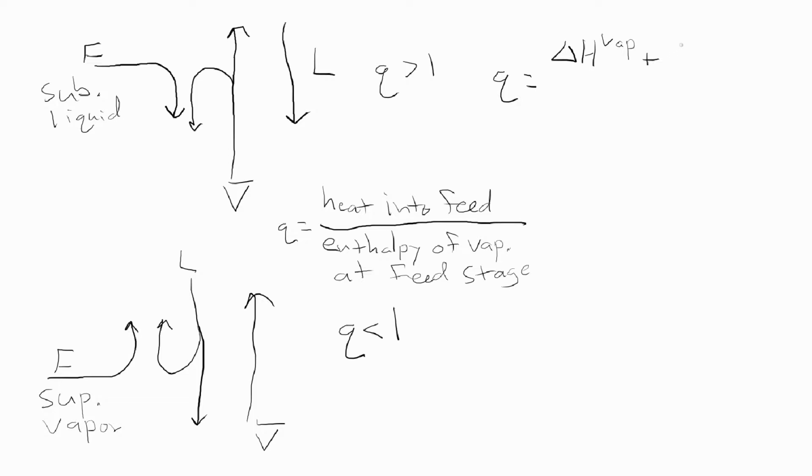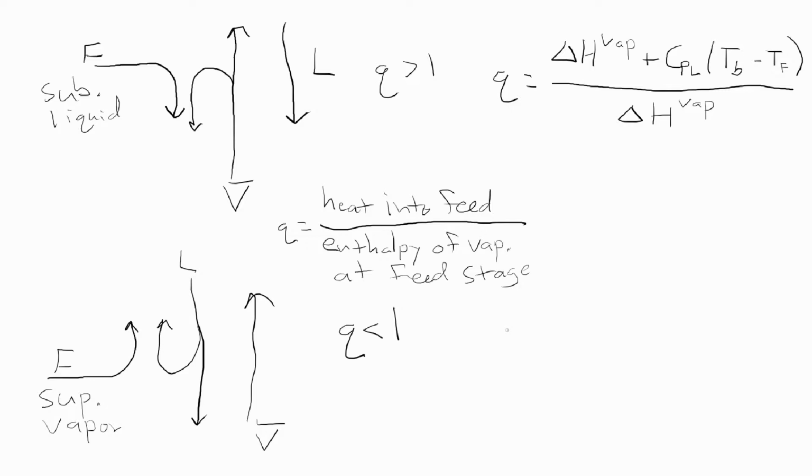So this is going to be the heat capacity of the liquid times the difference between the bubble point and the feed temperature. Sorry, this is the bubble point temperature. This is the actual temperature of the feed. So that's the amount of energy we need to bring the liquid from a subcooled liquid to a saturated liquid. And this is going to be over the heat of vaporization.